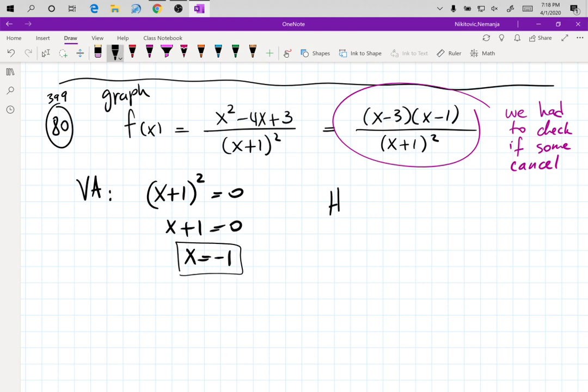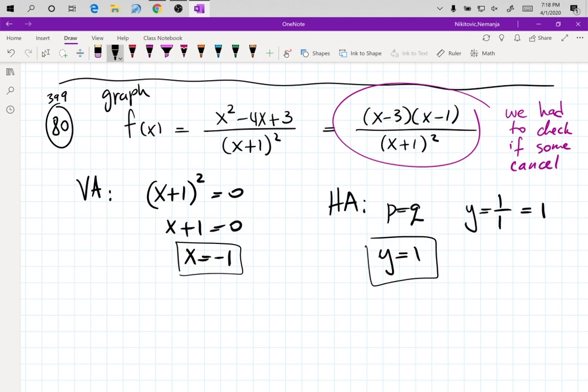We have our horizontal asymptote. Powers are the same, so our horizontal asymptote is 1 divided by 1, which is 1. So y equals 1 is the horizontal asymptote. Powers are the same. If you FOIL this in the denominator, you will get x squared as the first term.